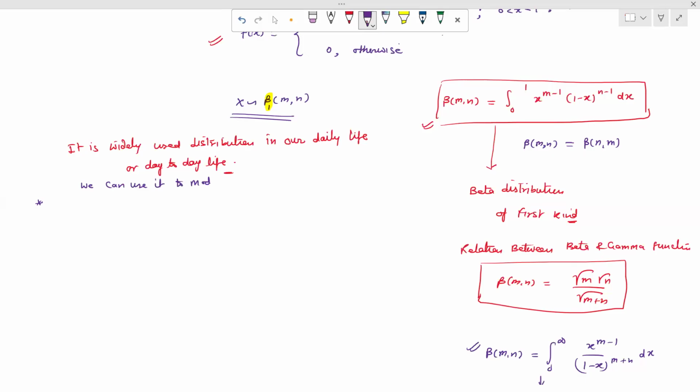So we make models of the probabilities. Now, first use: the click-through rate of your advertisement.